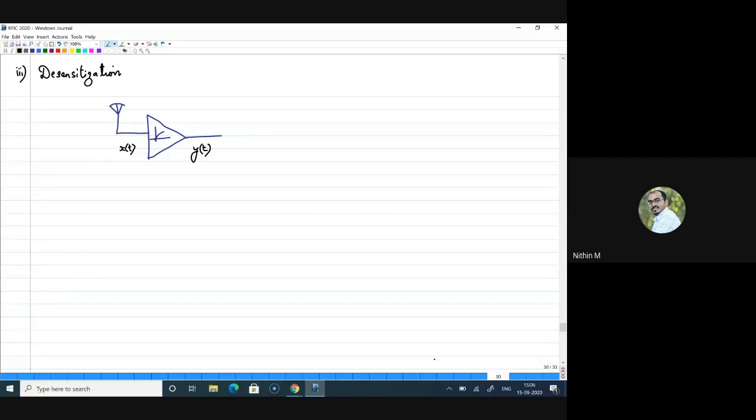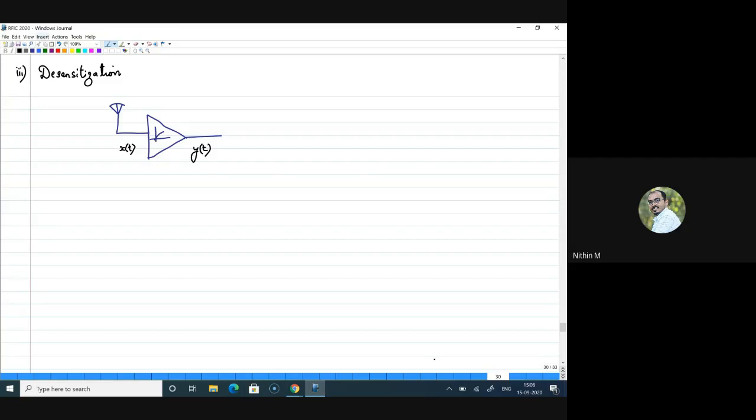Now instead of considering only the desired signal at the input side, as I mentioned in one of our previous classes, the antenna will be receiving a whole bunch of signals. It will definitely have desired signals, and it will have some undesired signals, which are transmitted by other transmitters to some other receivers.